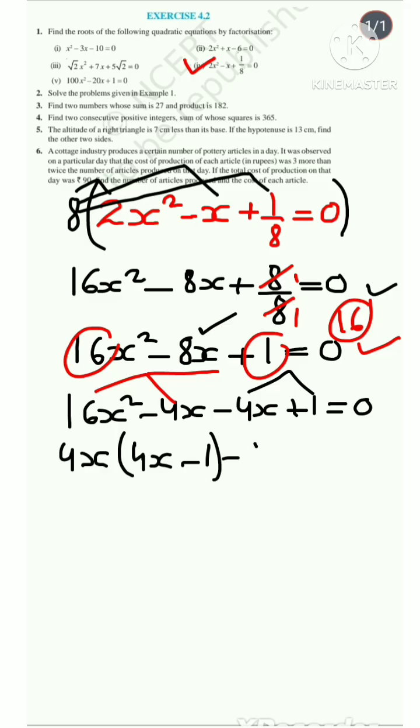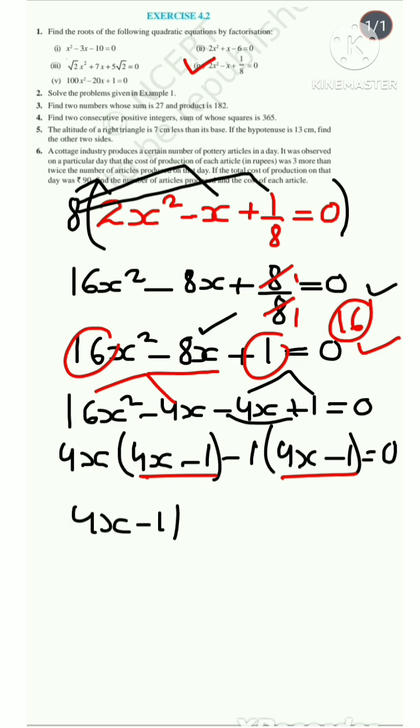So here 1 is common, and here remains 4x minus into plus minus 1 equal to 0, and here 4x minus 1, 4x minus 1 can be taken as common, 4x minus 1, and here remains 4x minus 1, 4x minus 1 equal to 0.